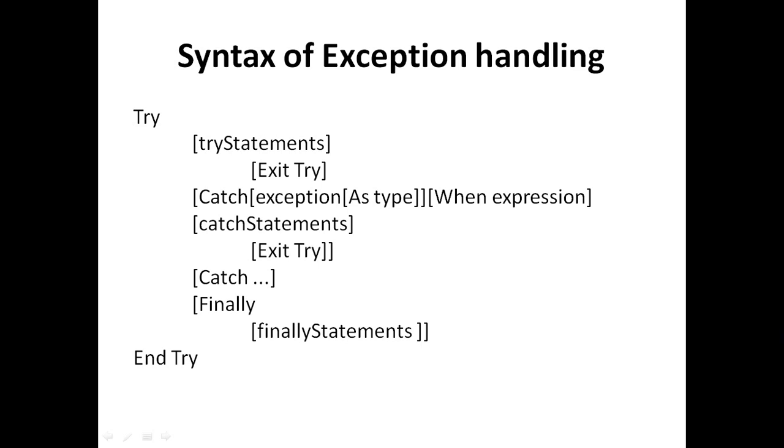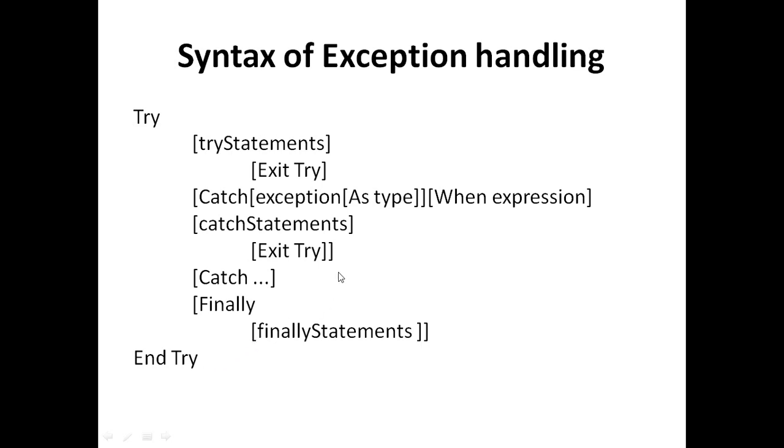Now, in this syntax, we have shown the try block. This is our try block, and this is the exit for try. Now, this is our catch block, and our catch block statements will get executed, and this is our finally block. These are the finally block statements, and here is the end of try.